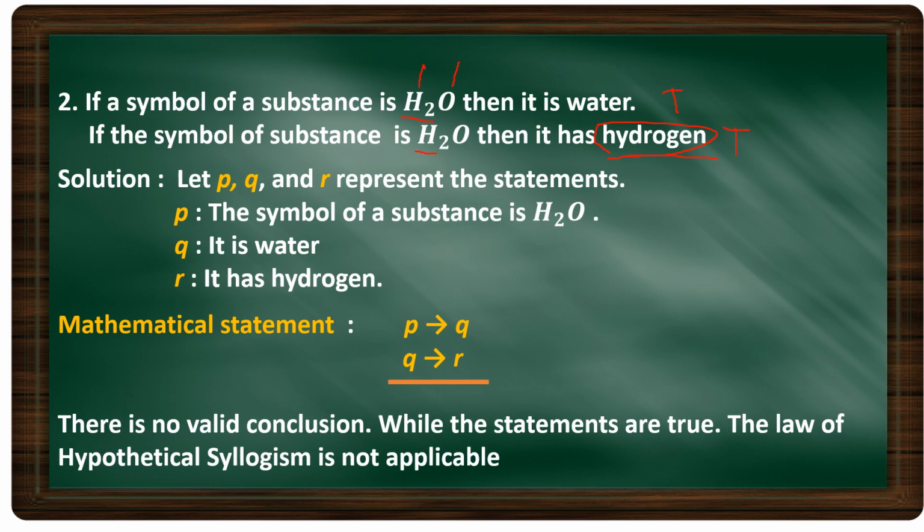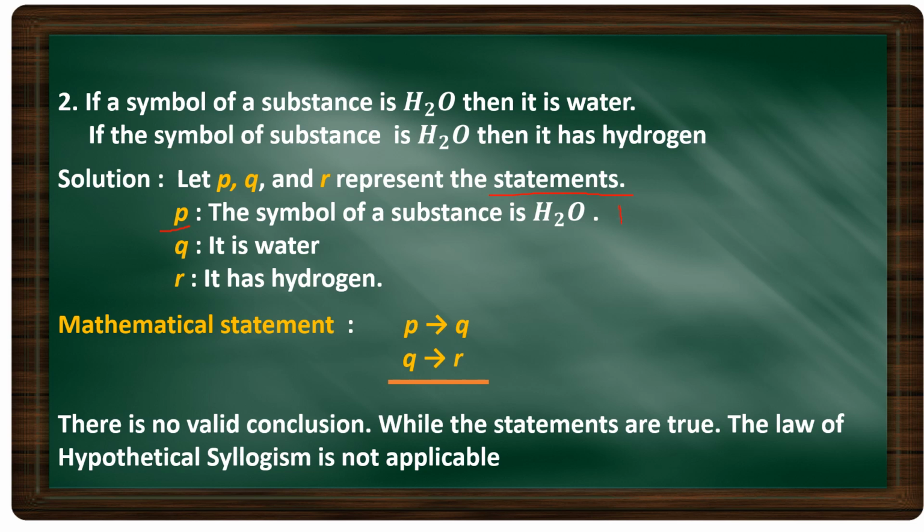So, let's solve the problem. First, we have to represent our problem by P, Q, and R as our statements. So, ang ating pong P, which is our hypothesis, is the symbol of a substance is H2O.